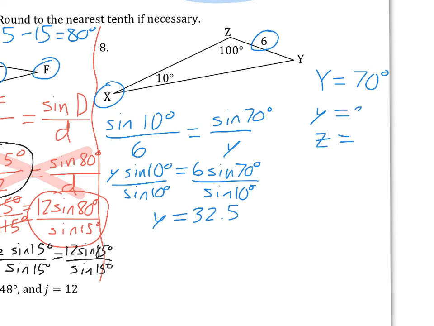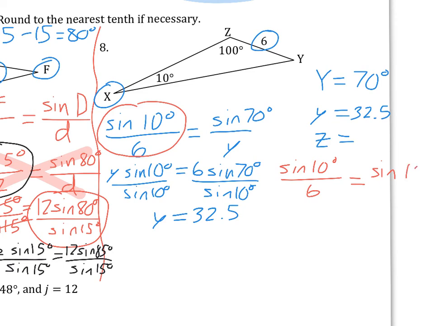And I'll write that over here. Okay, I'm going to use this fraction again. Sine of 10 degrees over 6, and this time we're going to do sine Z over Z. Sine angle Z is 100, and side Z we don't know.